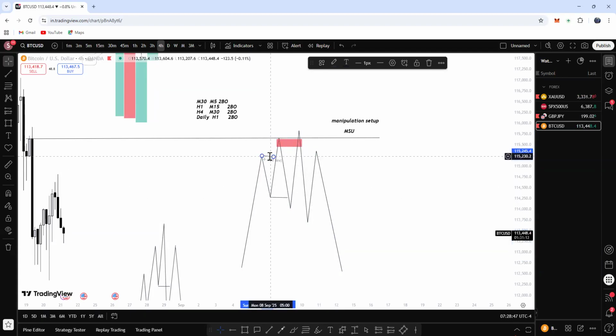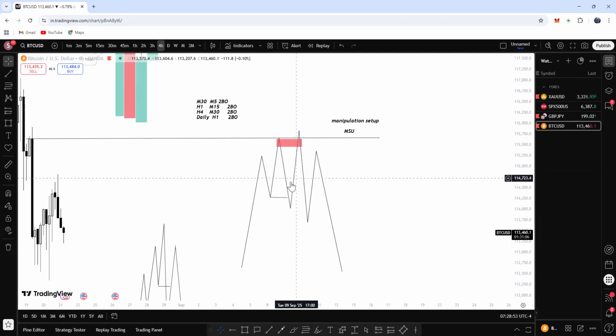Okay, no, they have to take the low first to manipulate the first sellers. So the low will be the first thing they take, then go back to take the high, then take the low the second time.